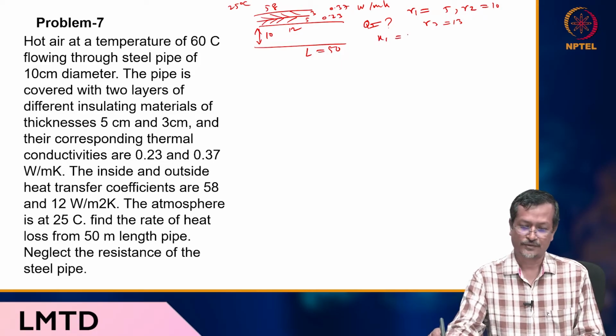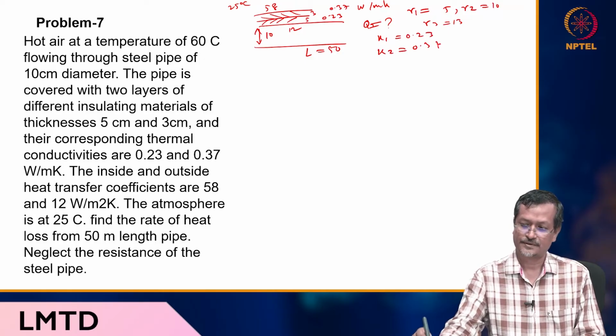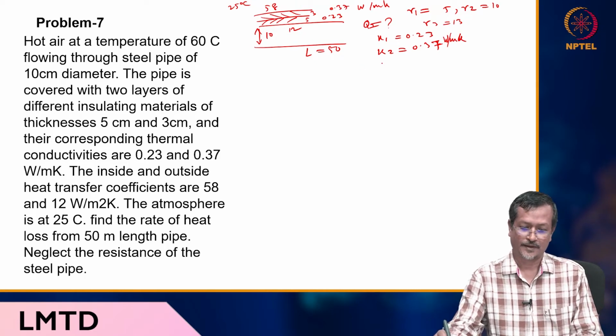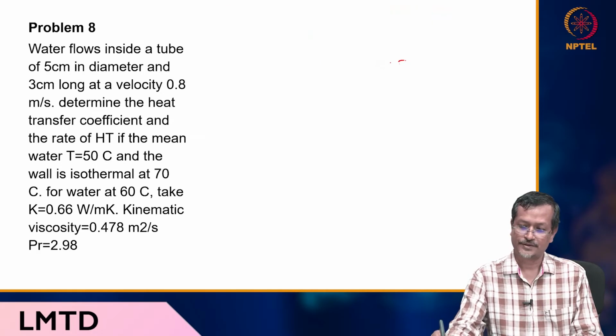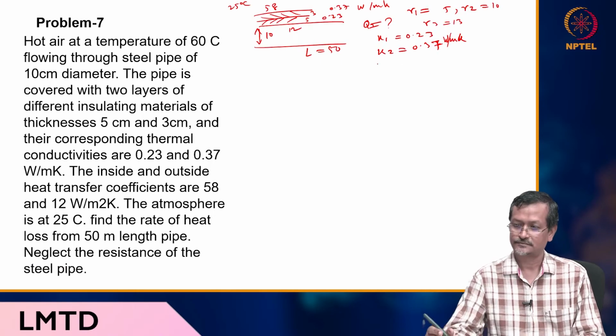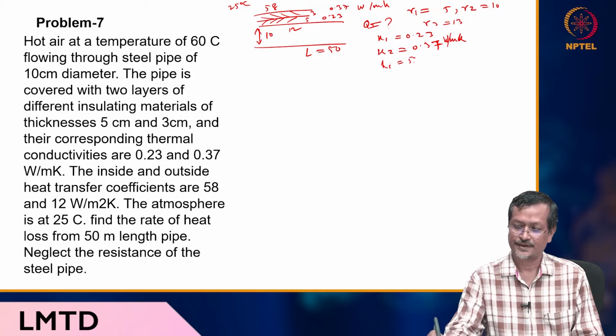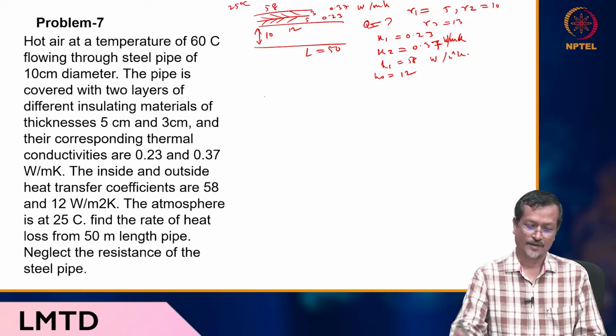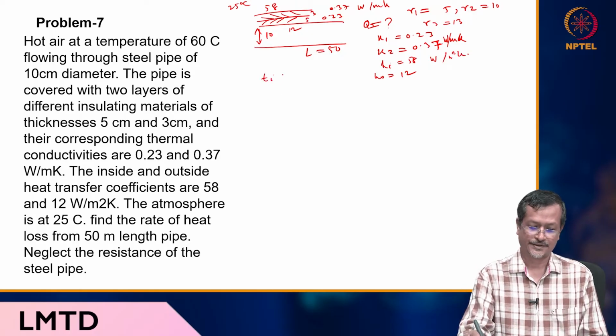K1 equals 0.23, K2 equals 0.37 watt per meter K. HI equals 58, HO equals 12. TI is given 60, TO given 25 degrees centigrade.